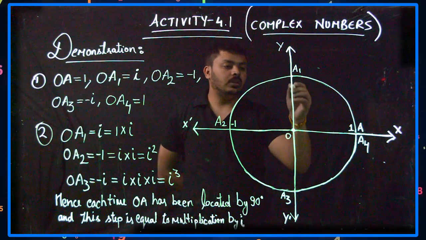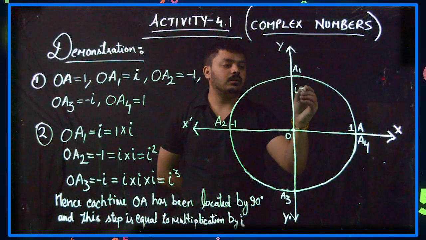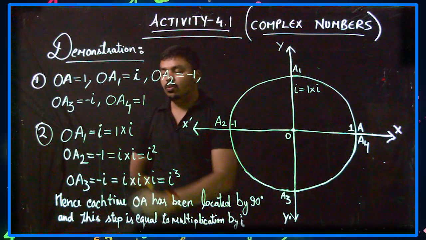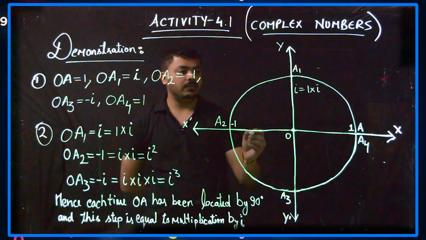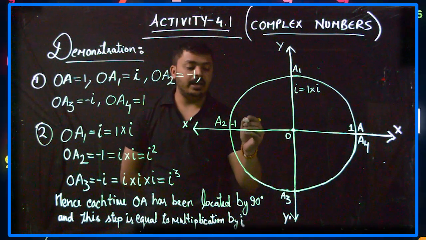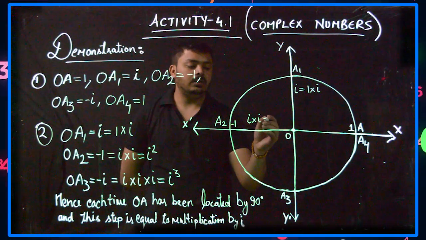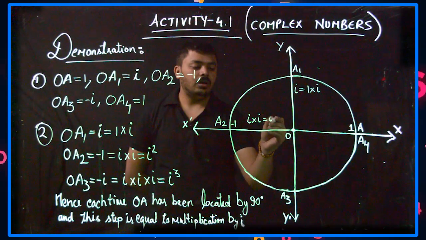OA1 is i, that can be written as 1 into i. OA2 is -1, so it is i into iota equals iota square.